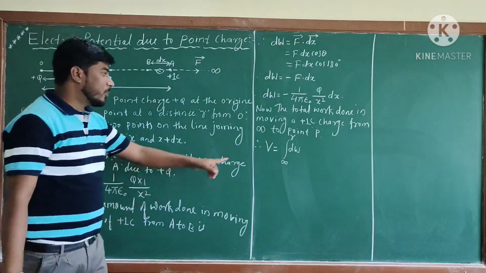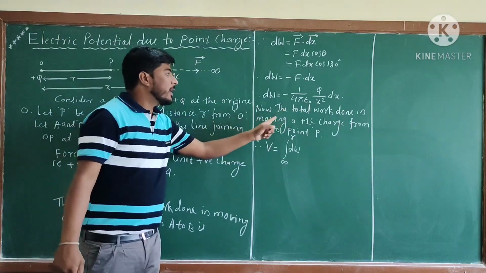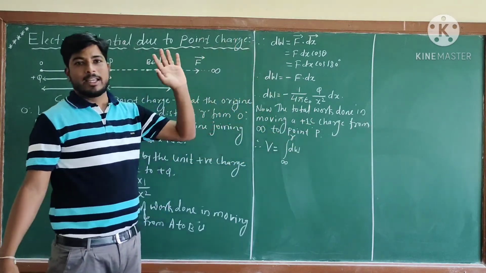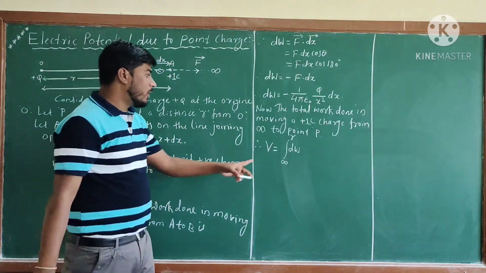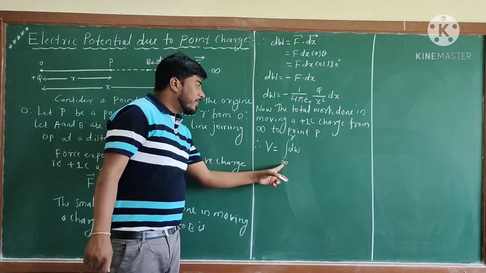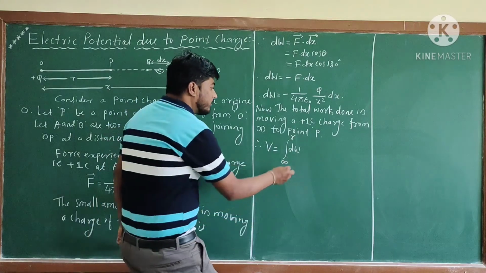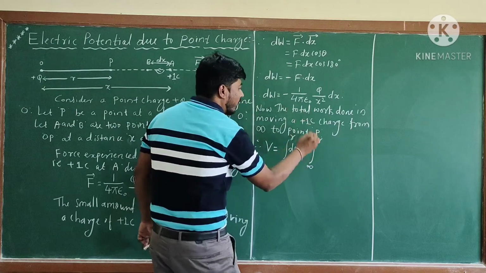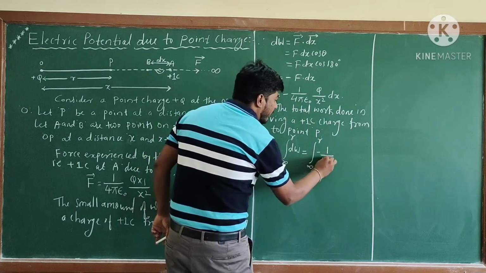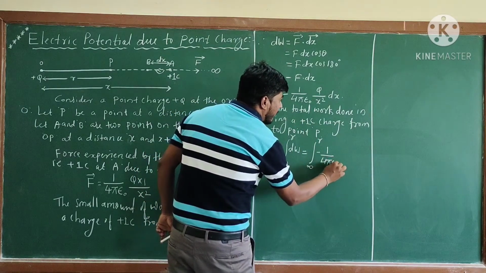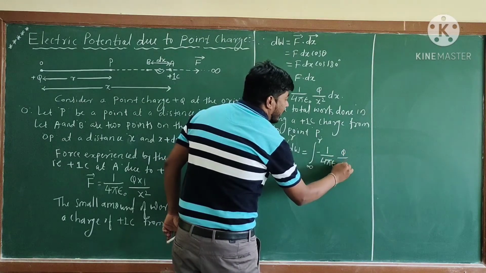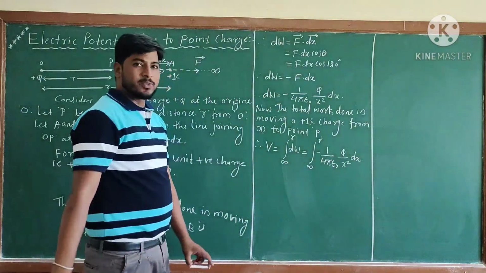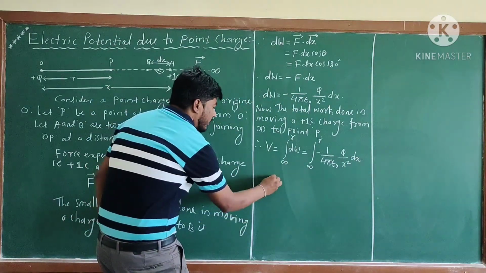So this electric potential is the work done in moving a charge of 1 coulomb from infinity to that point against the electrostatic force. By applying the integration infinity to r of dW, we substitute the value of dW. It is minus 1 divided by 4 pi epsilon naught q divided by x square into dx.